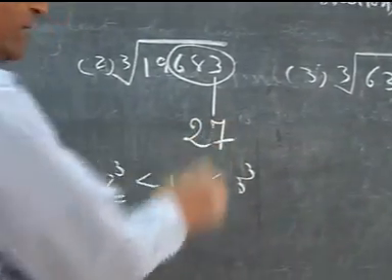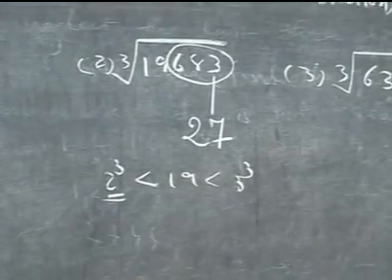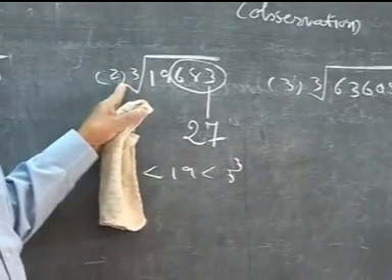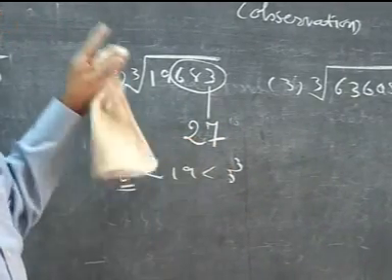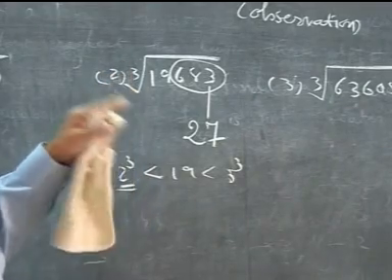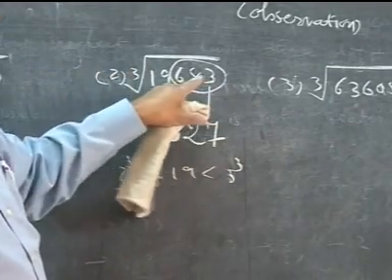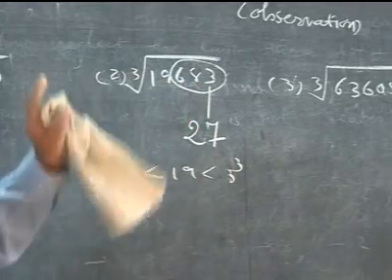The answer is 27, so the cube root is 27. Try to check it. You can check 27 cubed, and you will get this. 9 cube ends in 9. So the cube root is true.